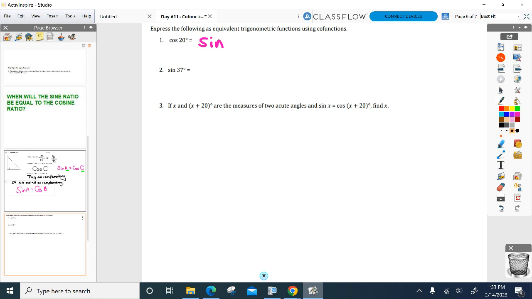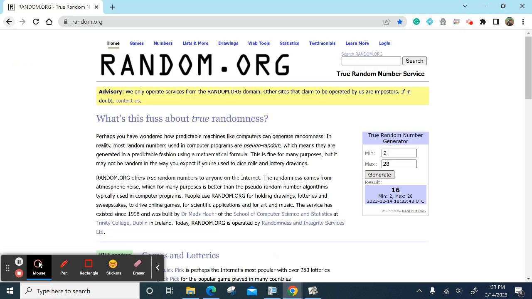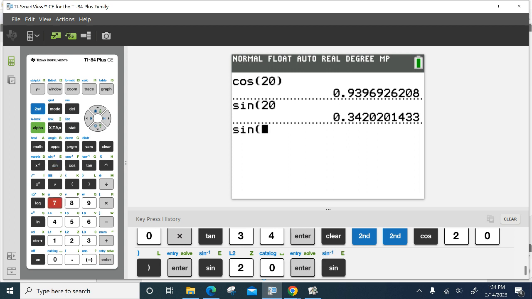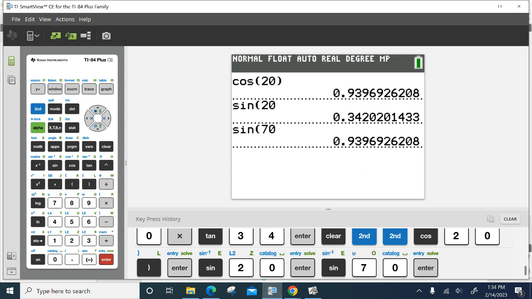So if I got 20 here, I can do sine of 70. Check it. Let's see. Sine 70. Yes. So sine and cosine, those ratios are always equal if the angles add to 90.